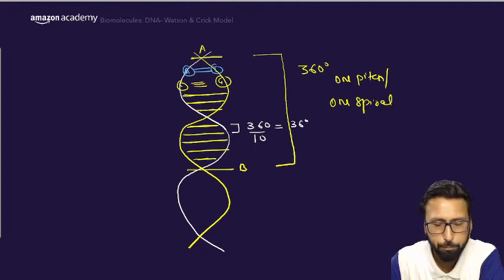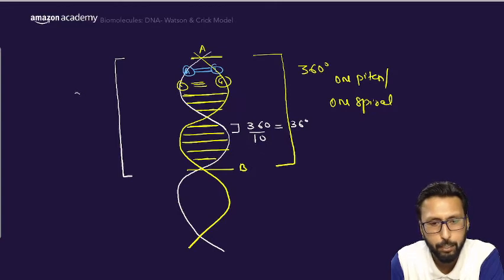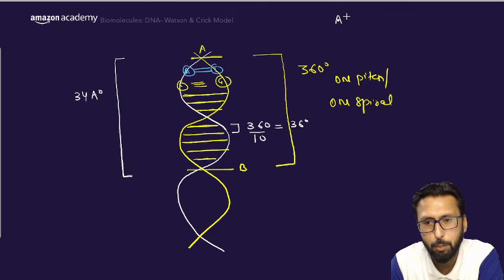Now let's talk about the length. This length from point A to point B, the total length will be 34 Angstrom. I hope you know what is Angstrom. Angstrom is equal to 10 raised to power minus 10 meter.